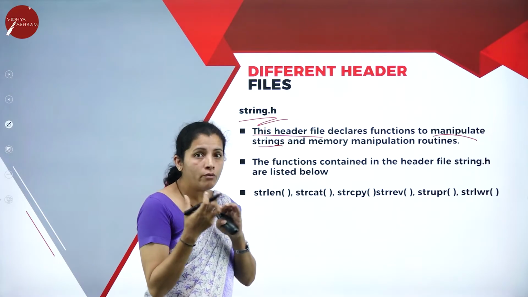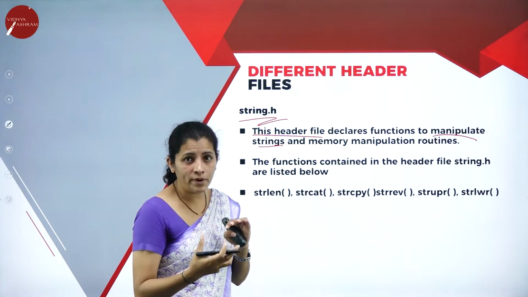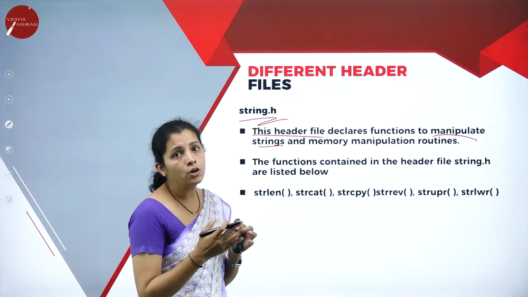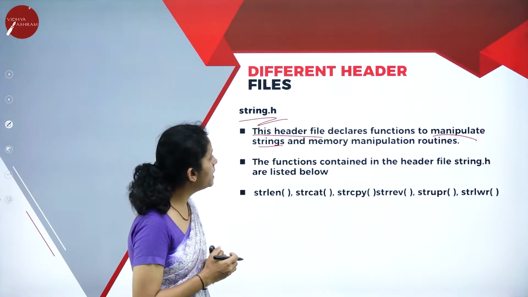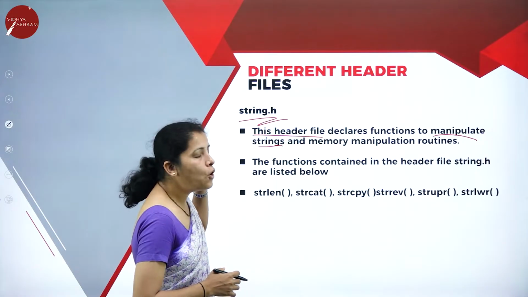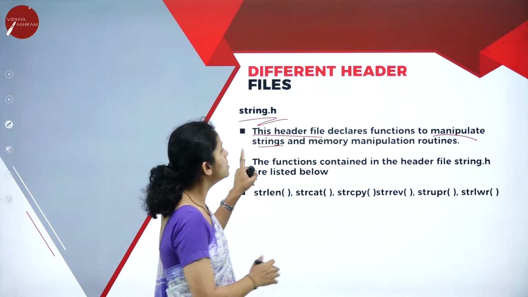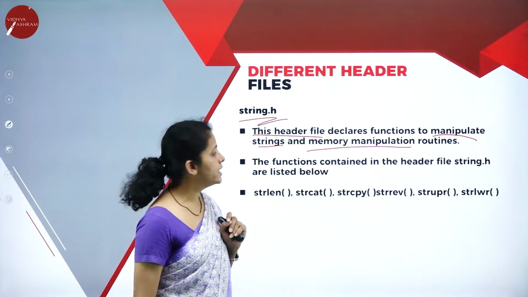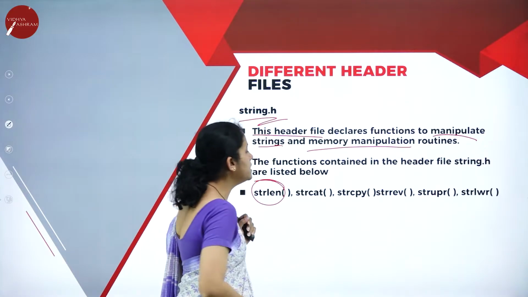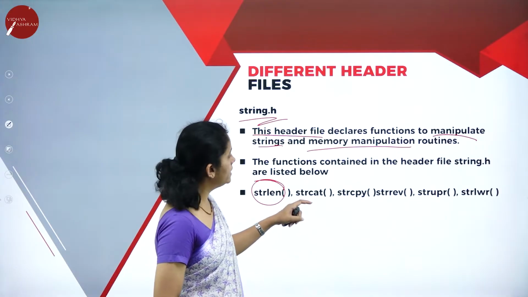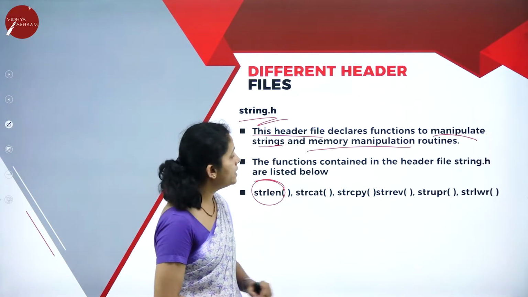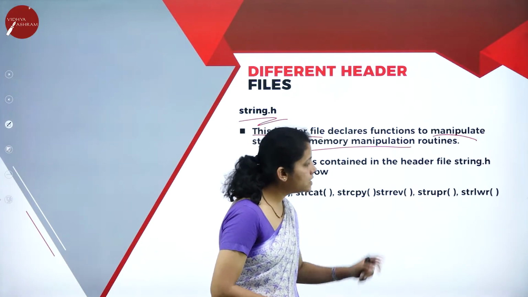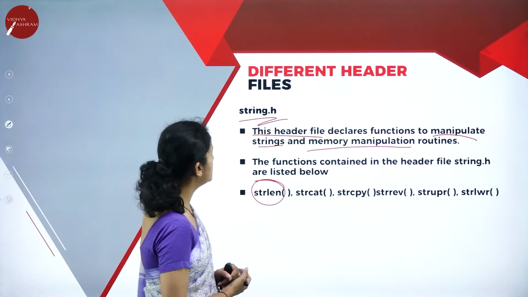If I want to perform any string operations, at that time I'm going to include the string.h header file in my program, and it's also responsible for performing memory manipulation routines. In that, string length, string concatenate, string copy, string reverse, string uppercase, string lowercase, etc.